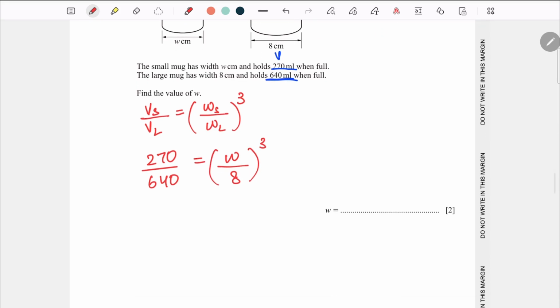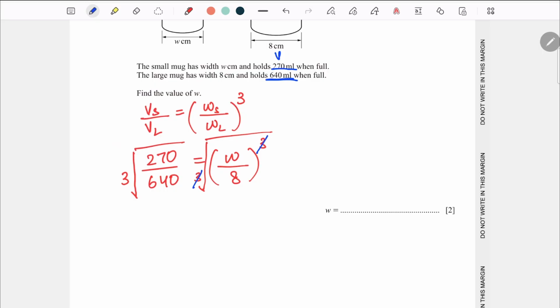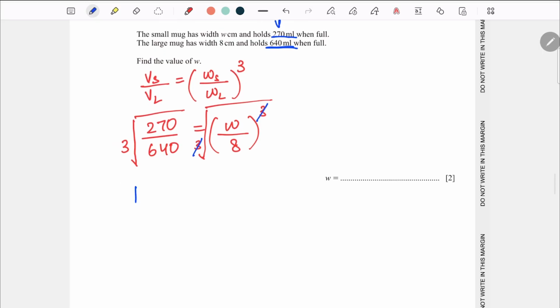Now in order to remove this cube, I'm going to take cube root on both sides. So this cube root and this cube will cancel out. This will be equal to the cube root of 270 over 640 is equal to W over 8.